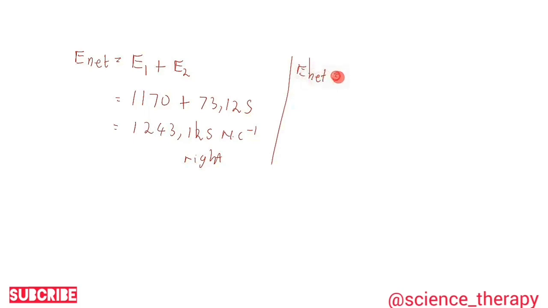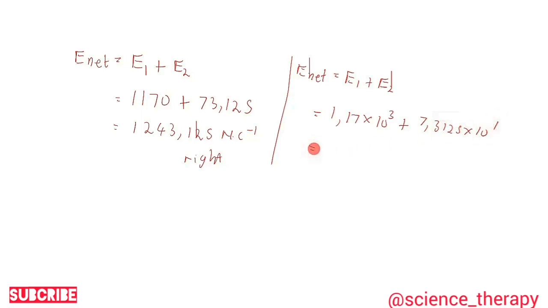If you still have your calculator in scientific, you have E1 plus E2, and remember the values that we got: 1.17 times 10 to the exponent of 3 plus that one gave us 7.3125 times 10 to the exponent of 1.